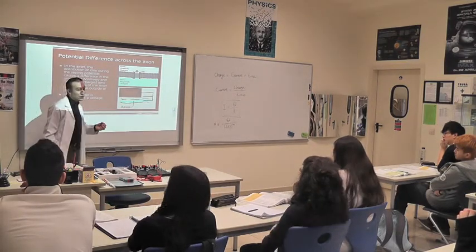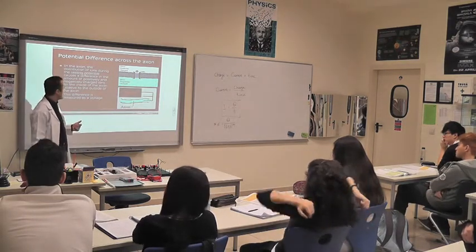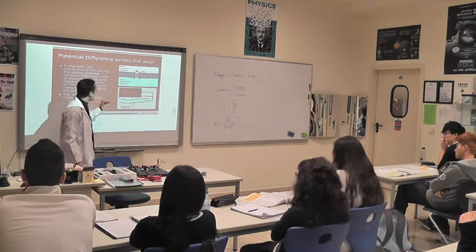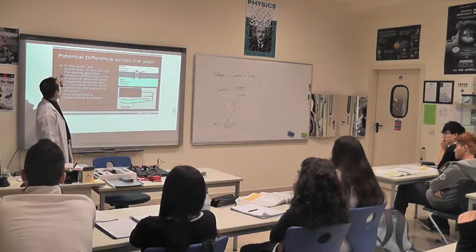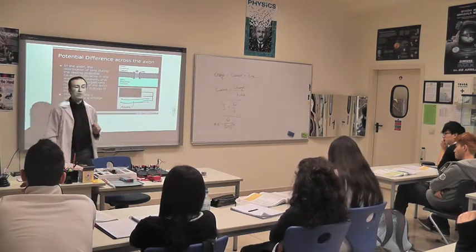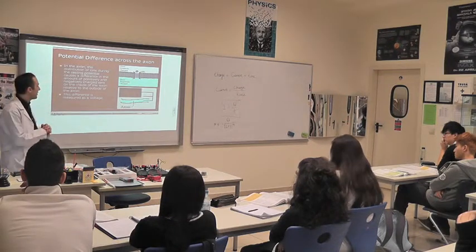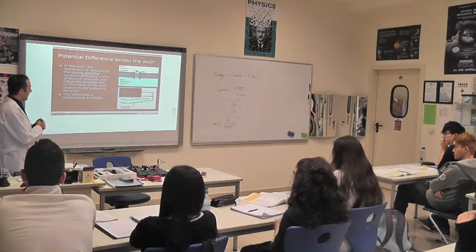If you measure the potential difference because of this charge distribution, at the rest case, when the ions are at the resting potential, you have minus 70 millivolts.